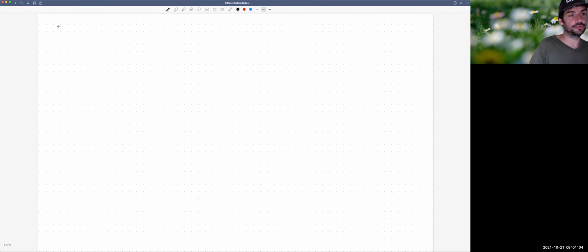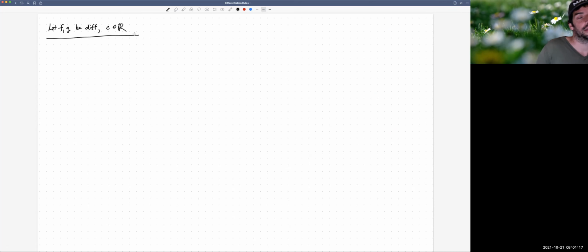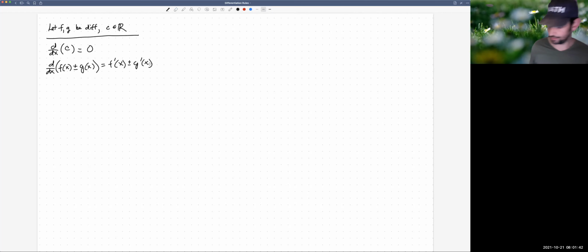So first, let's write all of our rules. Let f and g be differentiable and c be a constant. The derivative of a constant is equal to 0. The derivative of the sum or difference of two differentiable functions is just the sum or difference of their derivatives.